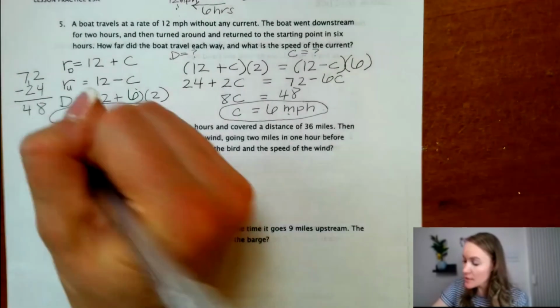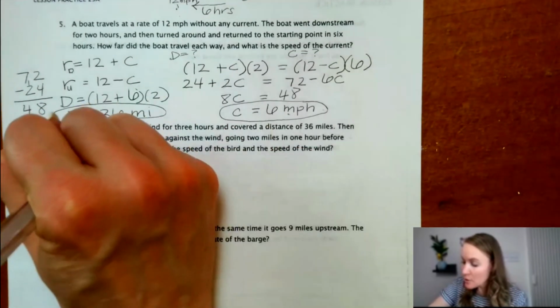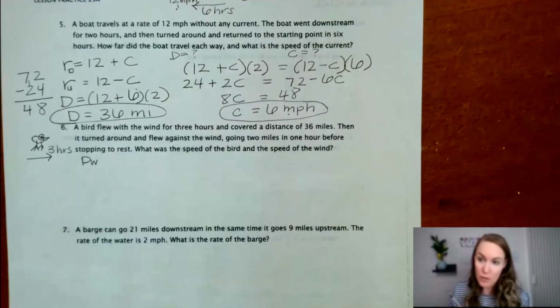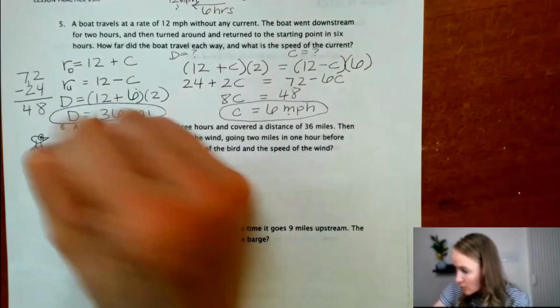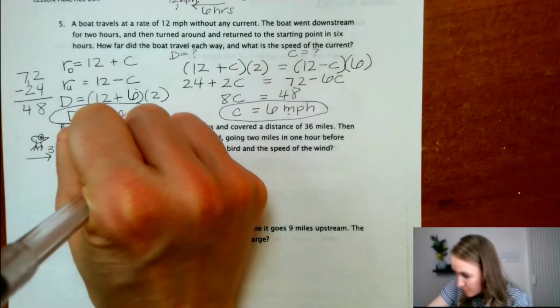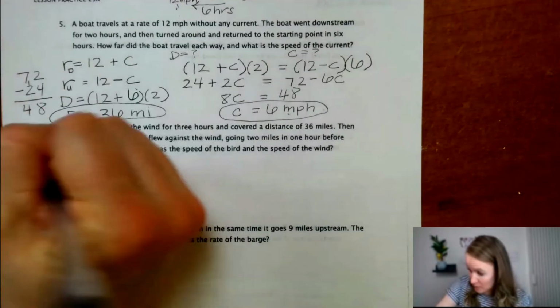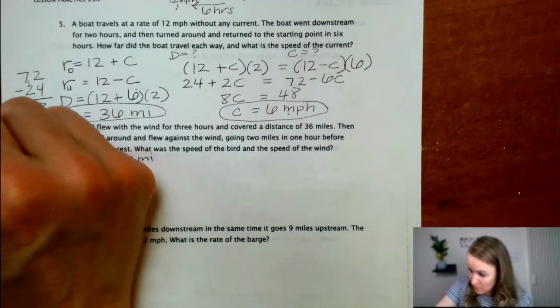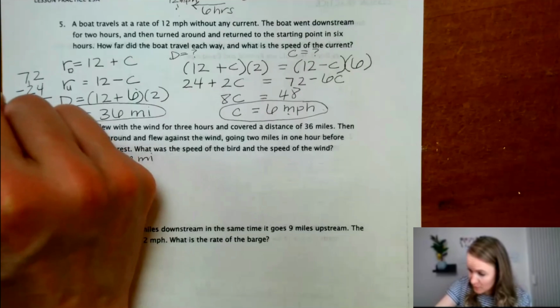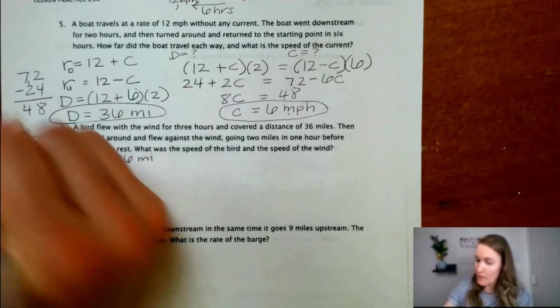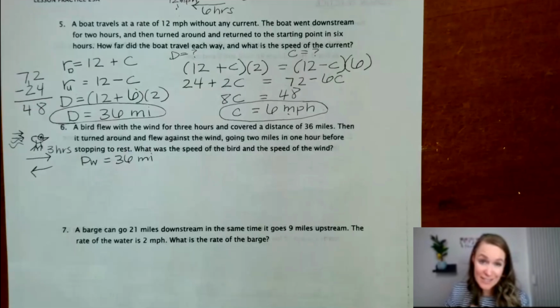Okay, so these distances are not going to be equal. The distance with the wind is going to be 36 miles. Then it turned around and flew against the wind. And the wind, I'm going to just draw the wind going this way. Then it turned and flew against the wind, going 2 miles in 1 hour before stopping to rest.